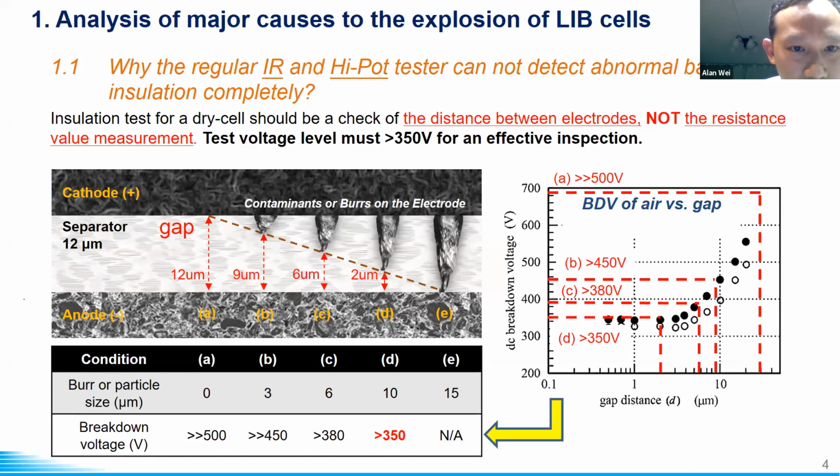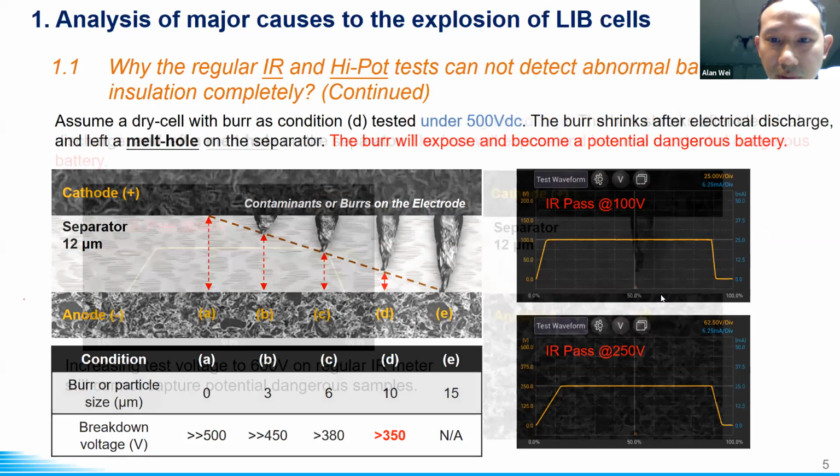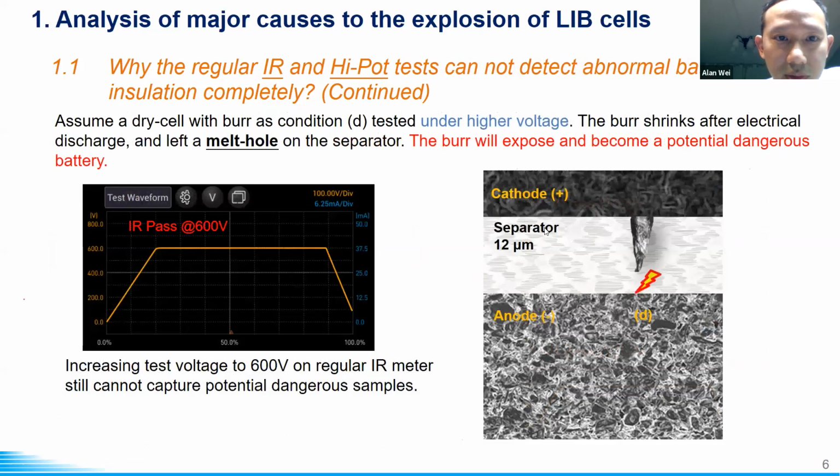Craig is asking, are there any differences between testing with AC or DC voltage? So let's see a chart over here. We suggest doing the test using DC. There are two major reasons. The first is DC charging is faster.